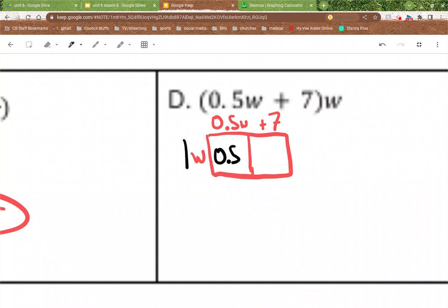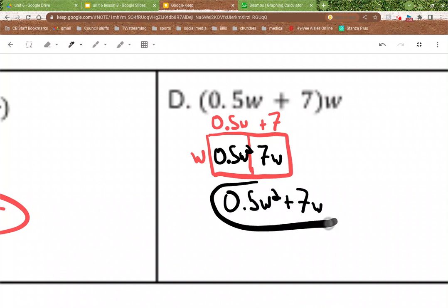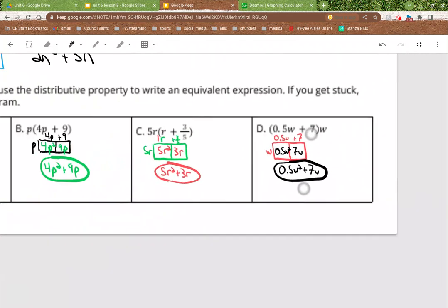And w times w is w squared. And then this last one here, 7 times w is 7w. So put that together, that's 0.5 w squared plus 7w. That's your answer for part D.